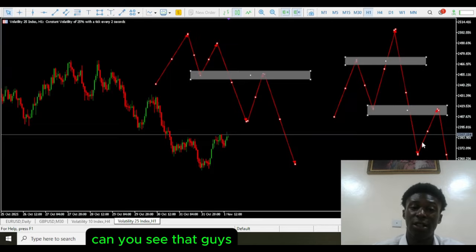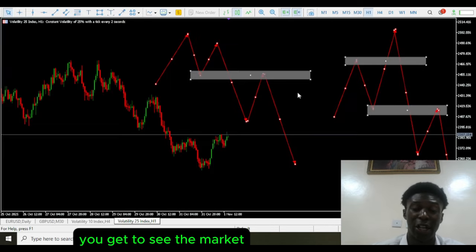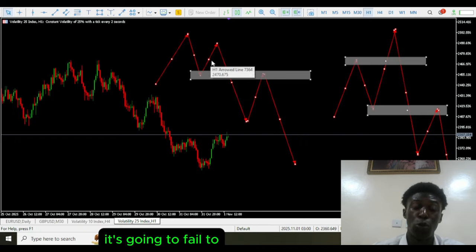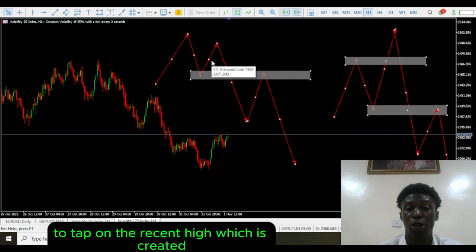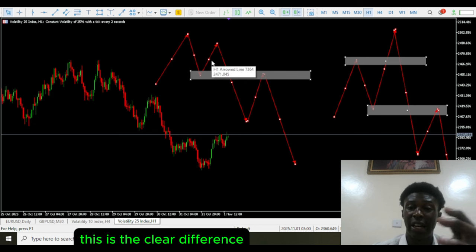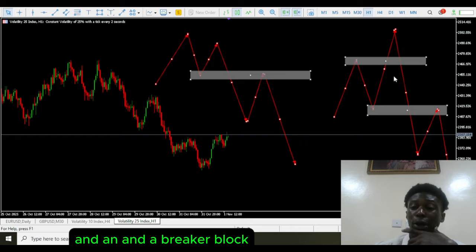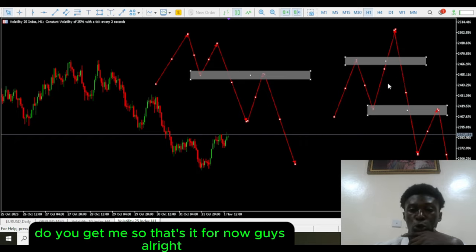But on the side of the mitigation block, guys, the market is not going to break any structure. It's going to fail to tap on the recent high which it created. Do you get that? So this is the clear difference between a mitigation block and a breaker block. That's it for now, guys.